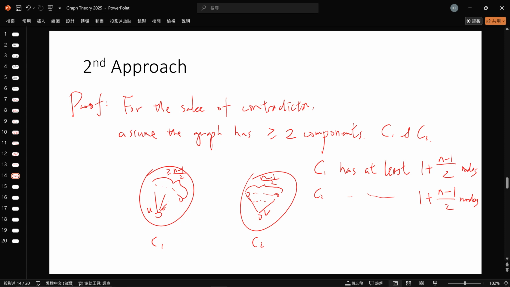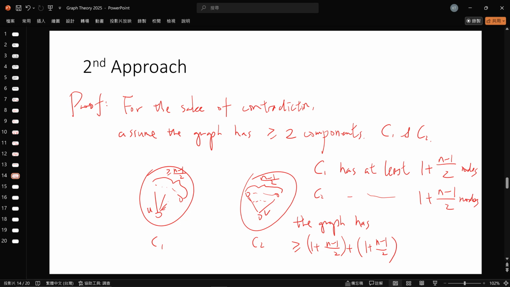So where is the contradiction? How many vertices are there in the whole graph? If you just compute the sum, the graph has at least this many vertices.